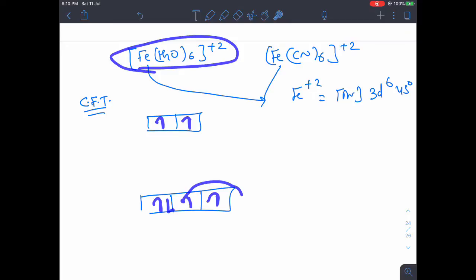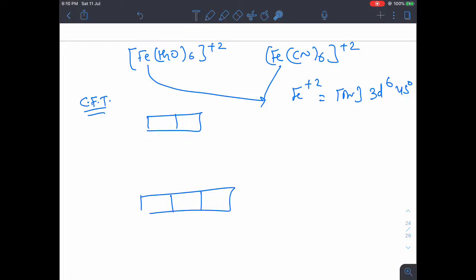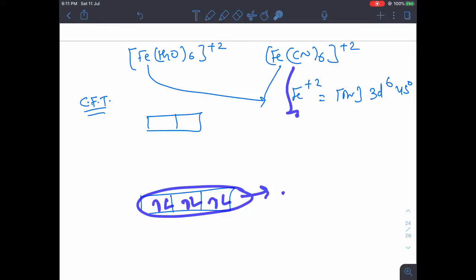So we have 2 and 2, a total of 4 unpaired electrons here. So the magnetic moment will not be 0, it will be paramagnetic. Whereas if we talk about this one, it also has 6, but because of the cyanide, the splitting will be very high, and that's why pairing will be possible in this case. So 1 2 3 and then 4 5 and 6 we have to do this. That means no unpaired electron, so it is diamagnetic. So this is dia and this is para.